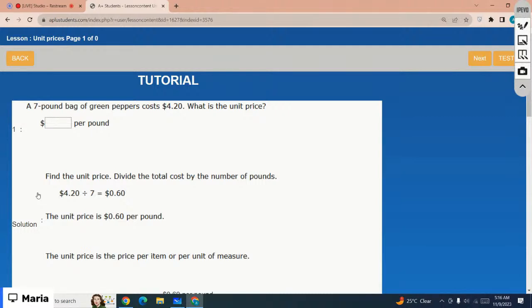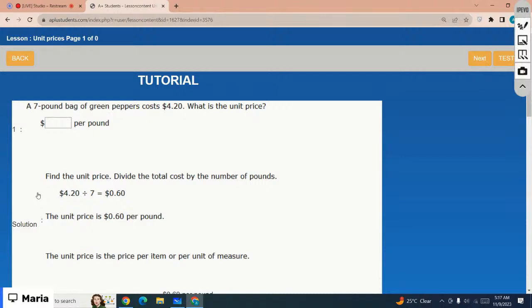You have to calculate the price of one item. For example, you are given a 7-pound bag of green peppers that costs $4.20. That is the cost of the 7-pound bag. You have to calculate what the unit price is.